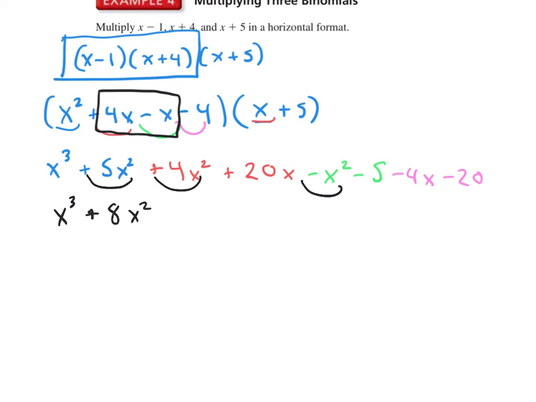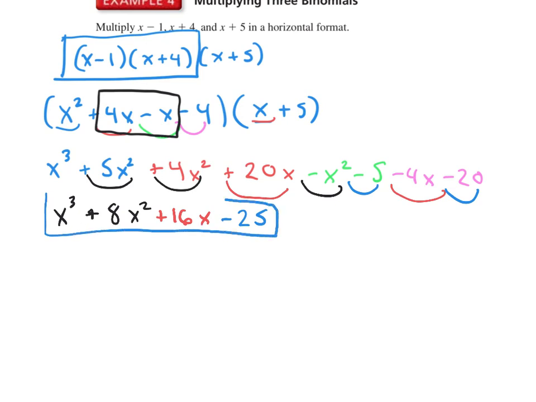Now we look at all of our x's, so we have plus 20x minus 4x, 20 minus 4 is 16, so plus 16x. And then all of our numbers, so negative 5 minus 20 would be negative 25. Oops, this is our answer here.